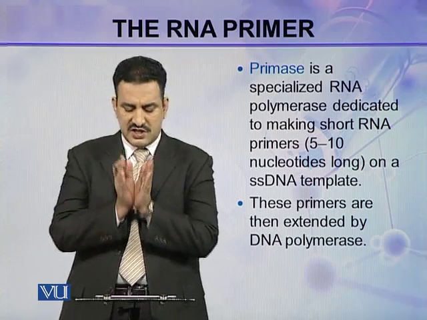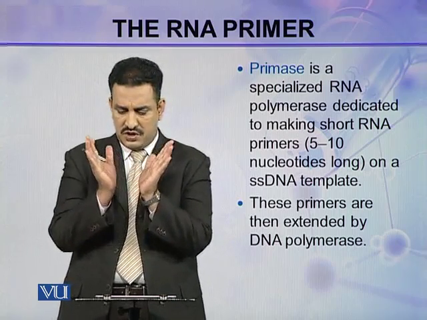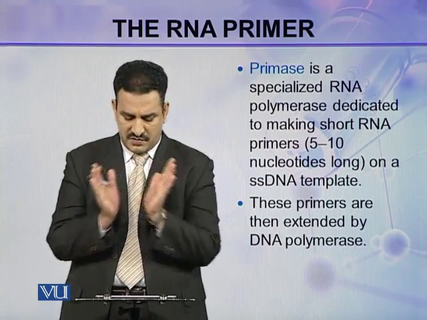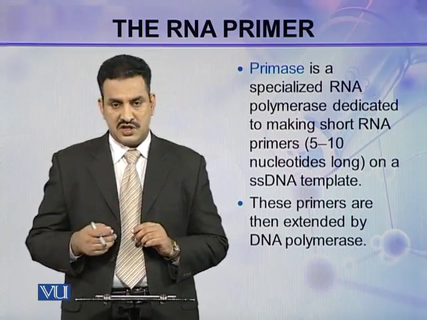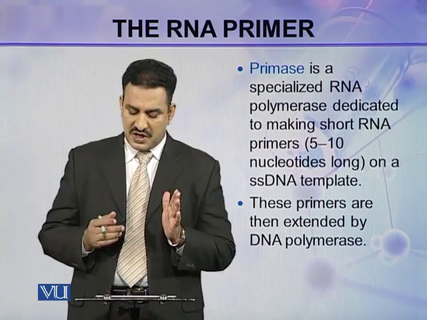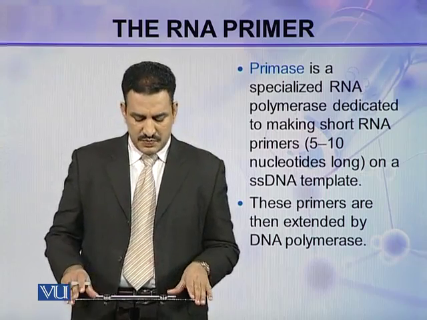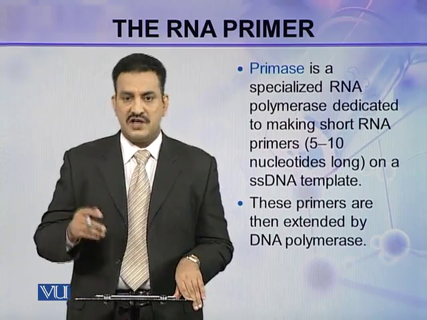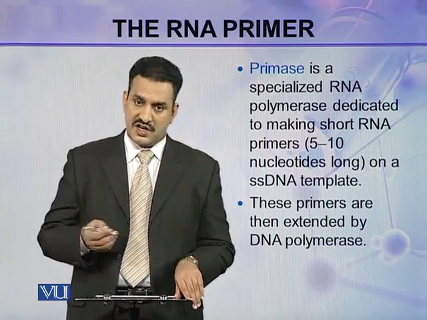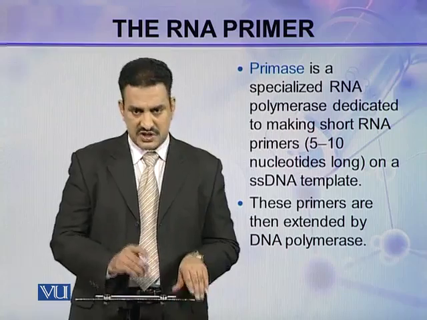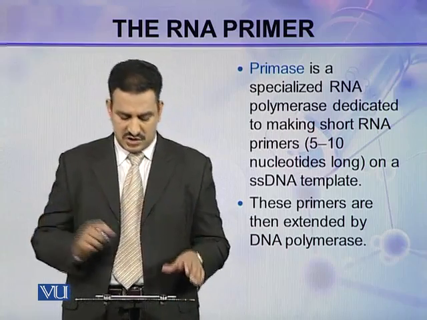So when a single-stranded template DNA is formed, these two single-stranded templates are formed. This enzyme primase can make a short RNA primer on this template. These primers are then extended by DNA polymerases.